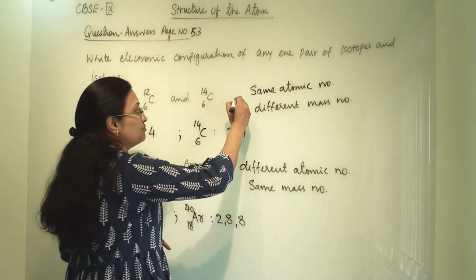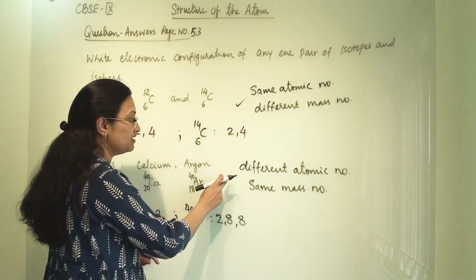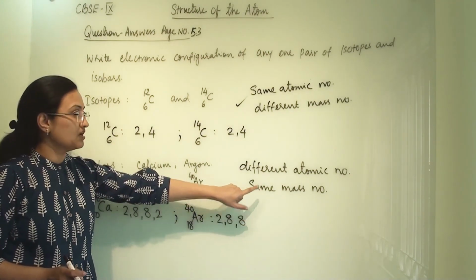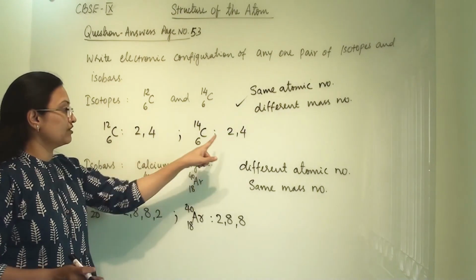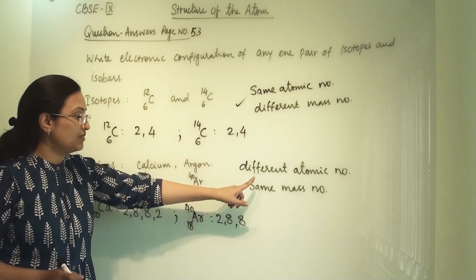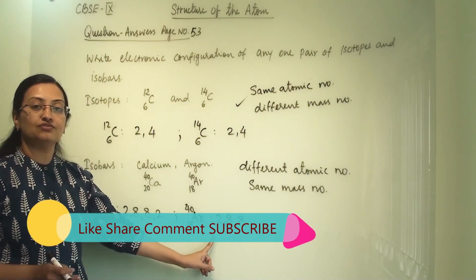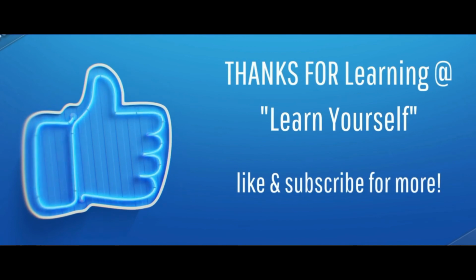This we have to remember, that isotopes have same atomic number but different mass number. Isobars have different atomic number but same mass number. Because for isotopes the atomic number is same, their electronic configuration will be same. But for isobars atomic number is different, that's why their electronic configuration will also be different.